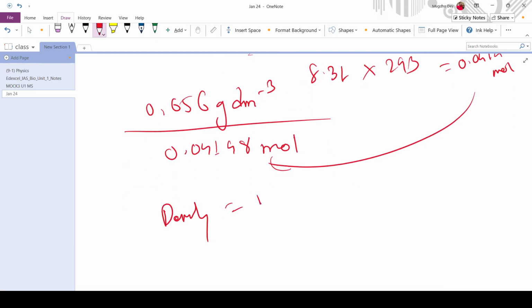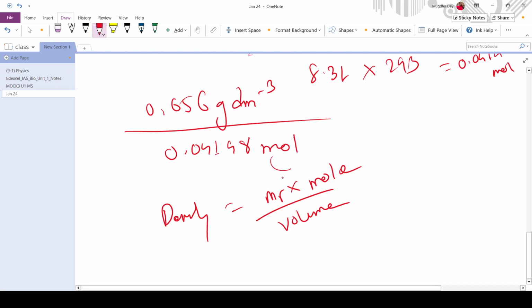We know density is equal to mass by volume. So you know what the mass is. You can just write that as molar mass times mole. Okay. Makes sense.